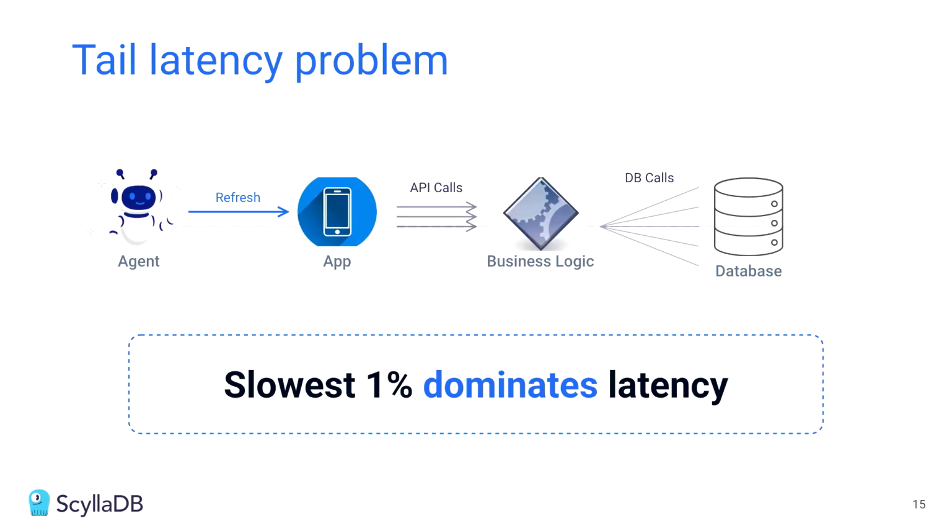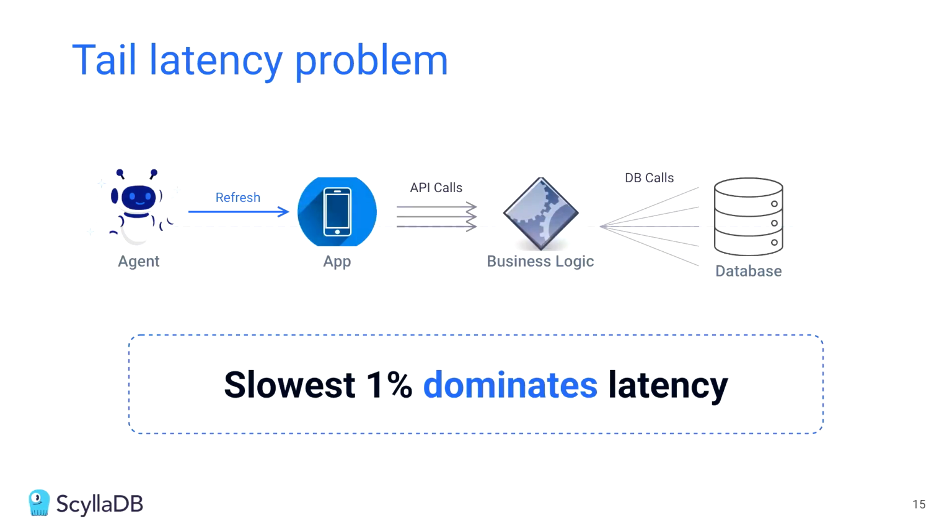And what this slide states is that to understand the latency of an application, what really matters is not the average latency, but the P99 or the slowest 1% latency. And why is that?